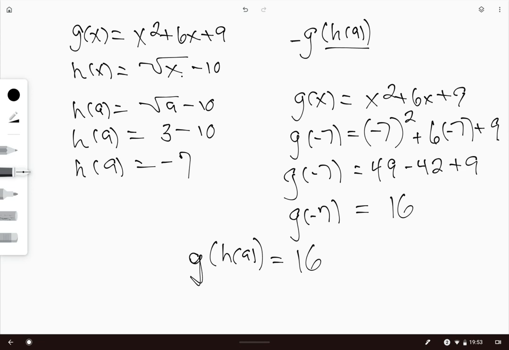All right, let's do another. All right, so this time we're going to use the same two functions. So g of x is still going to be x squared plus 6x plus 9.